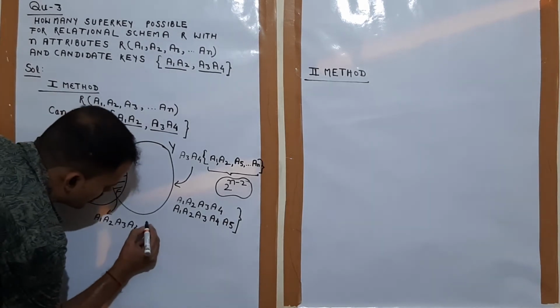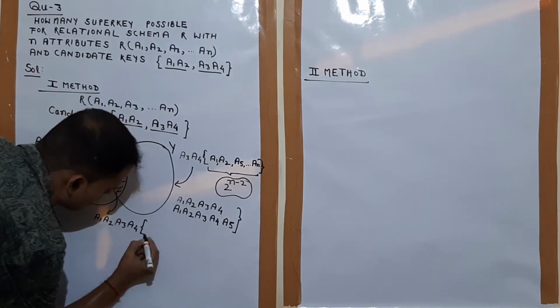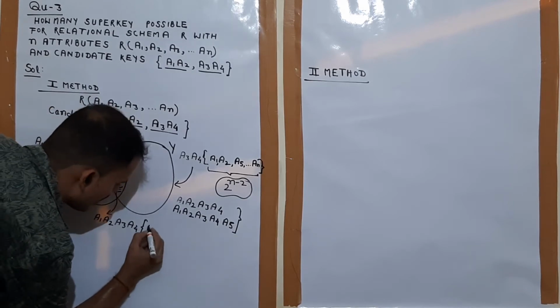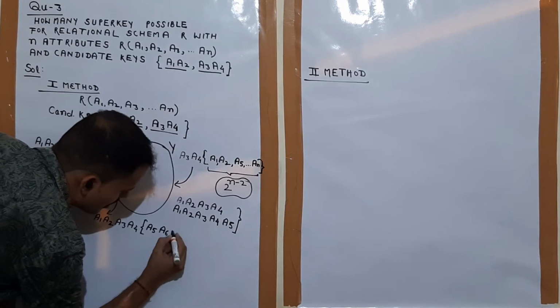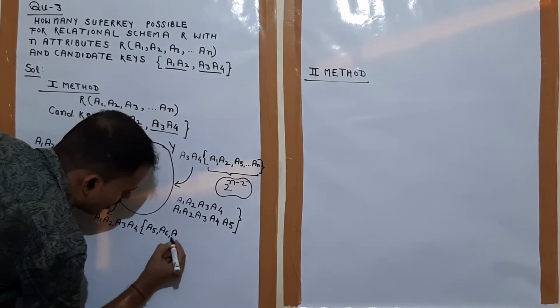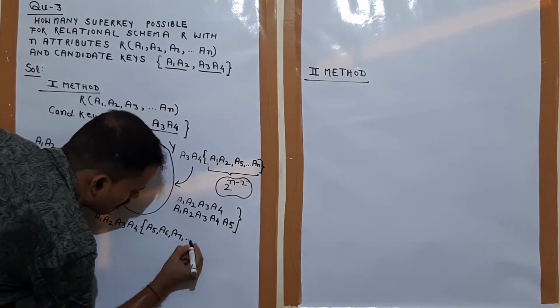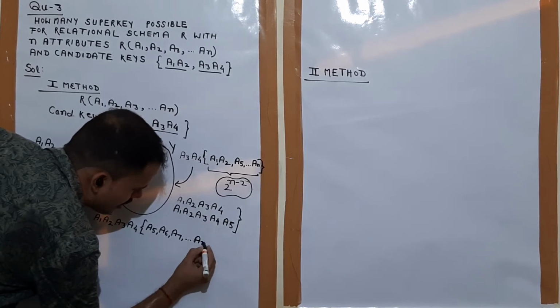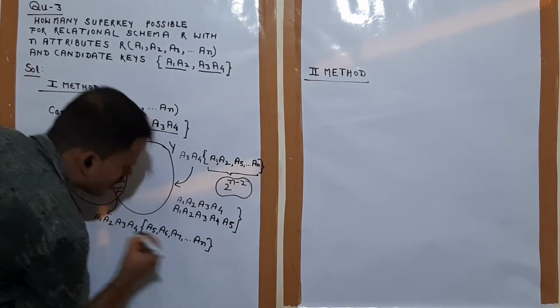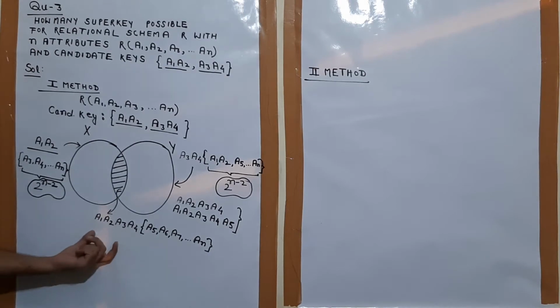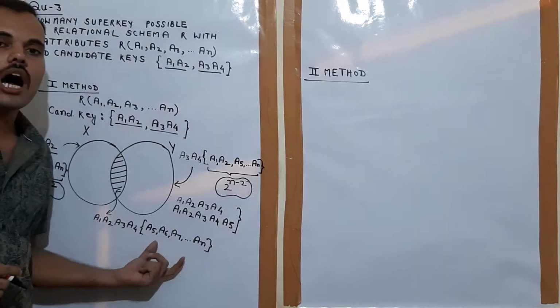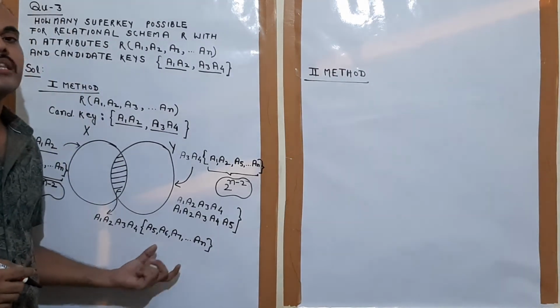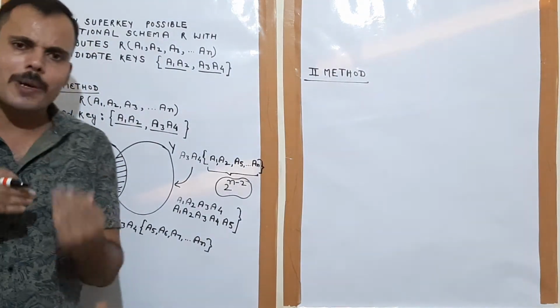Other attributes are A5, A6, A7, up to AN. These attributes combined with zero or more other attributes will form the super keys.